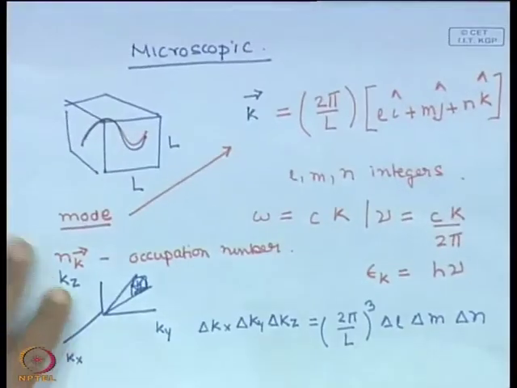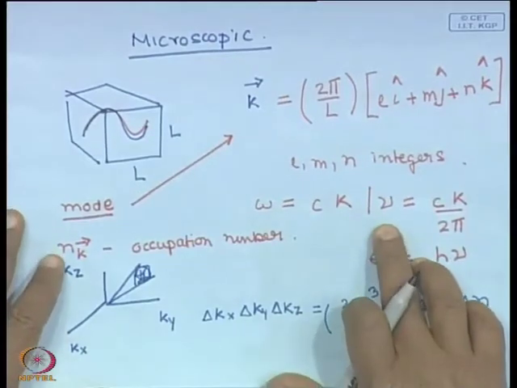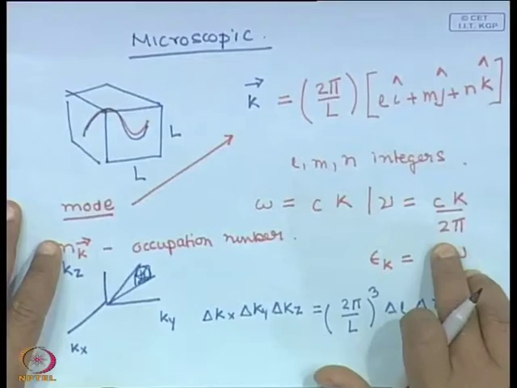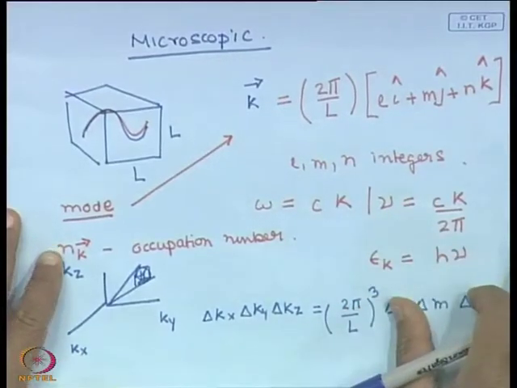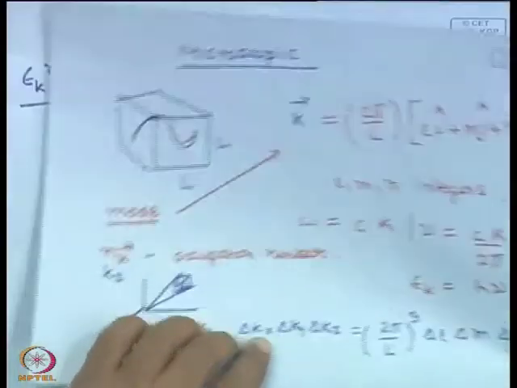Okay. Now, we want to write everything in terms of frequency. So, let me write it in terms of frequency. I can replace k by 2 pi nu by c.